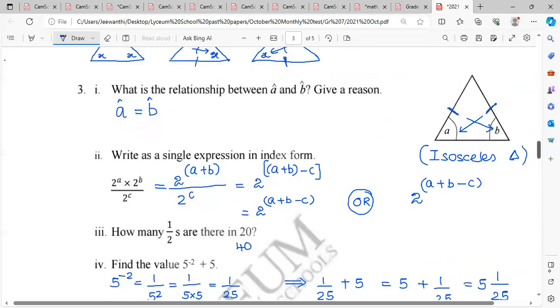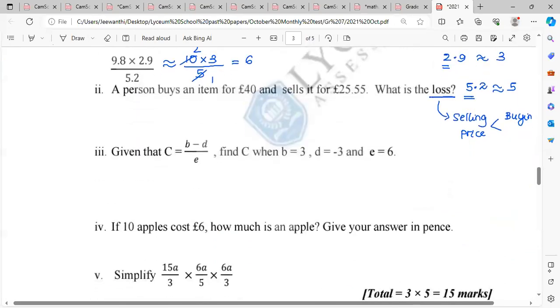So then it is the buying price, right? So then how to get the loss? You want to get the difference. So that is 40 pounds subtract 25.55, right?